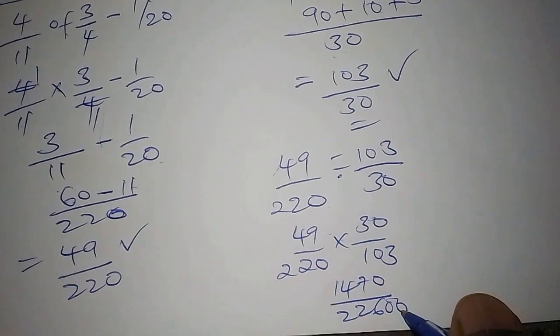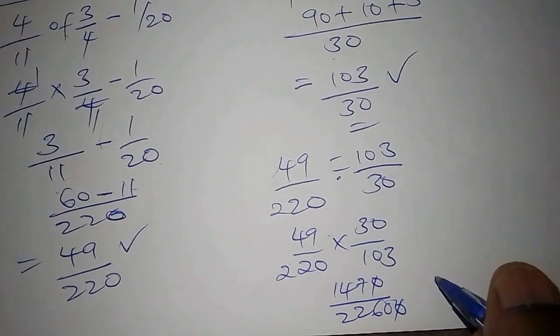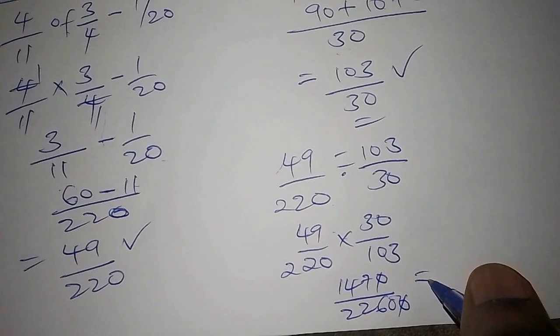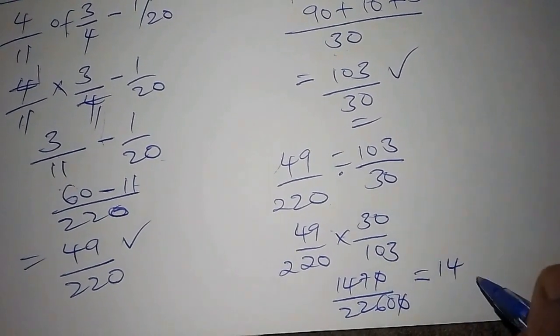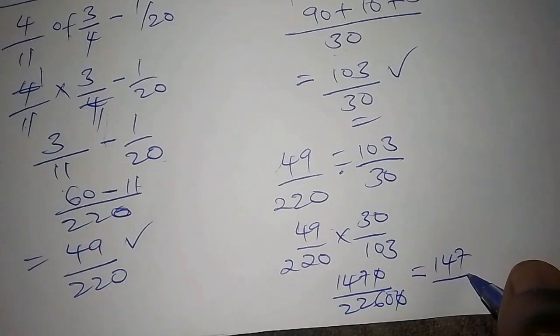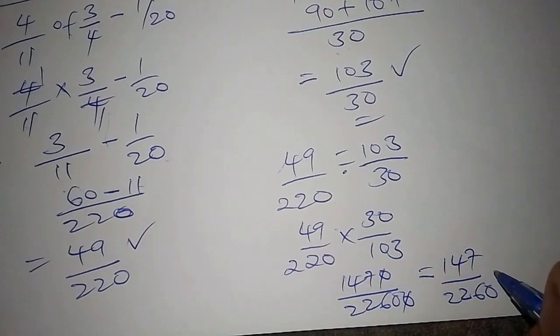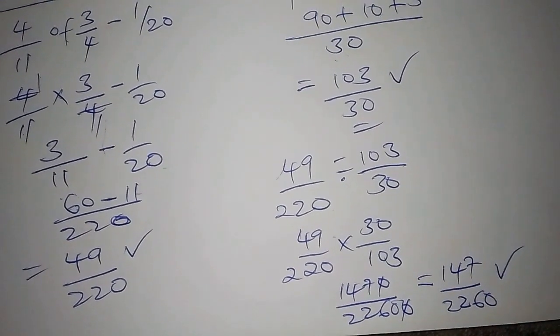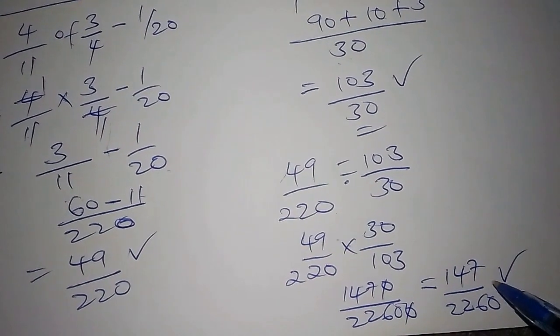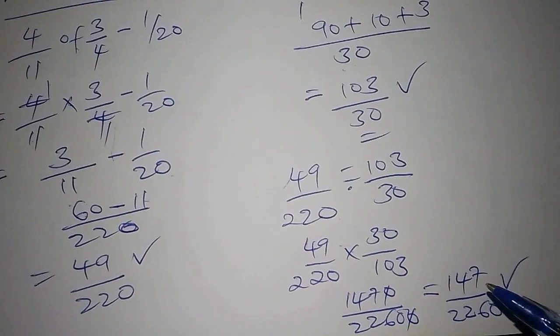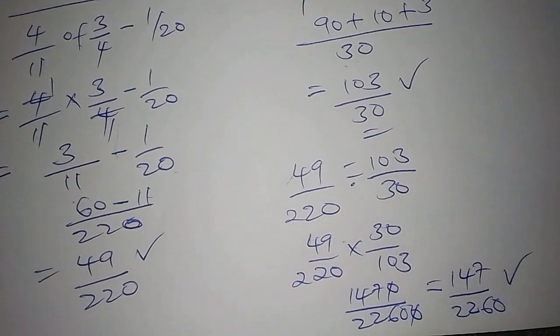So we shall say 0 cancels 0, and our final answer in this case is 147 over 2266. So that is the final answer. In case you get this answer, then you are correct. So allow me to stop there. We shall proceed in our next video. Bye.